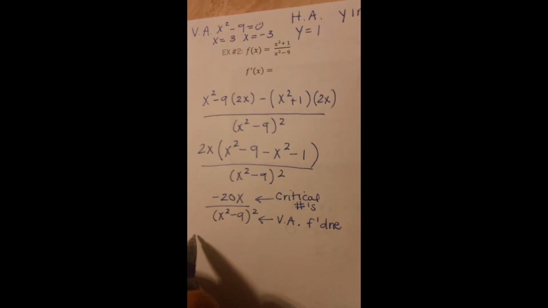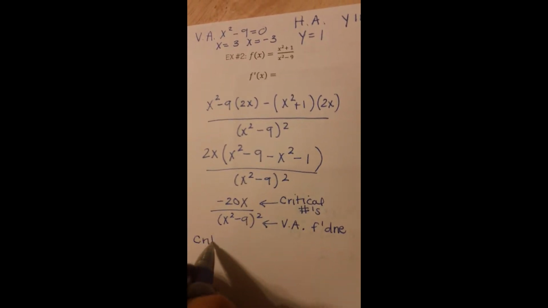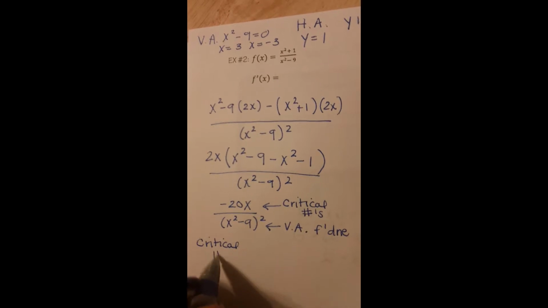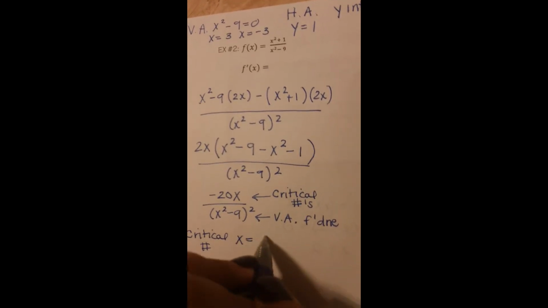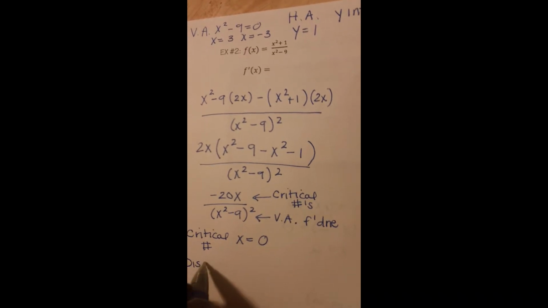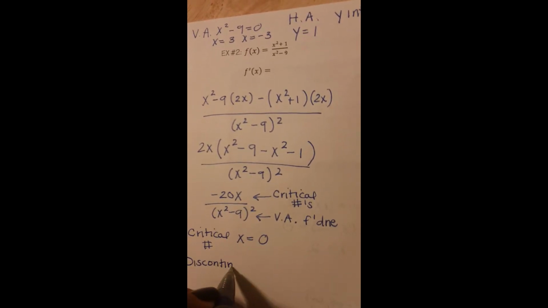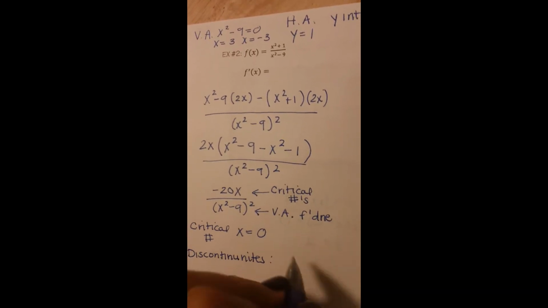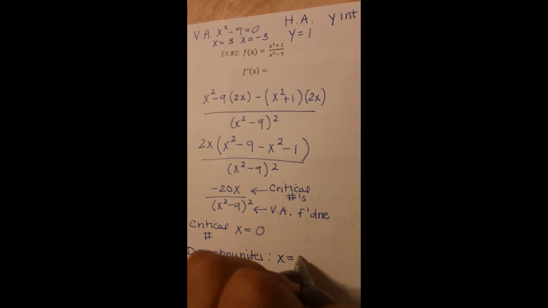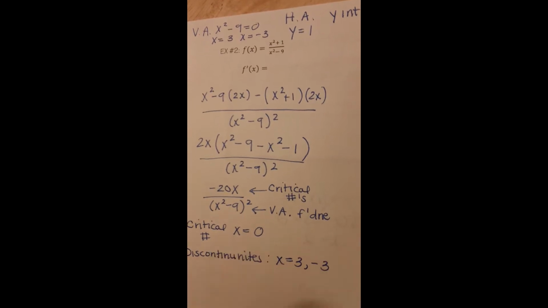So we know that our critical numbers, in this case, will just be 0. We'll have discontinuities at x equals 3 and negative 3.